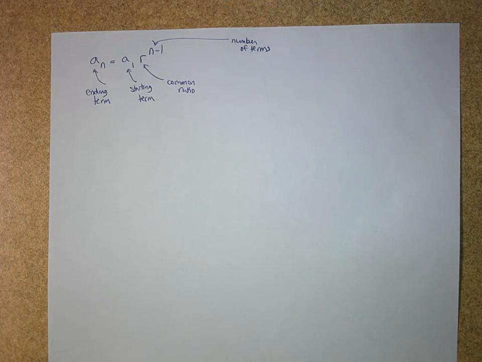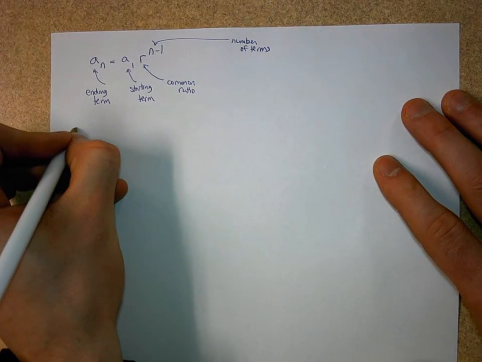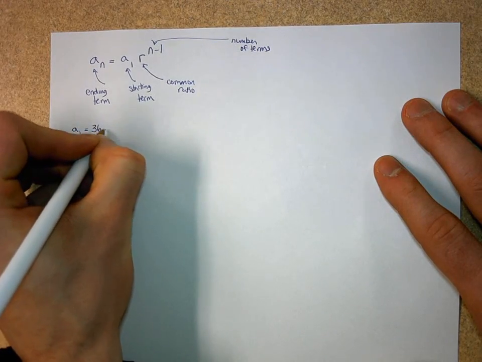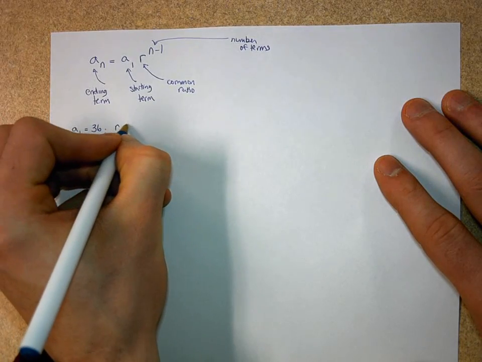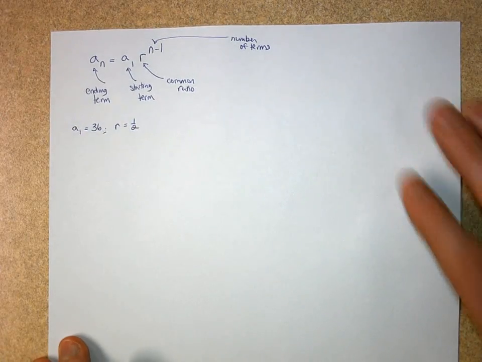Let's say, hypothetical situation, I give you that a sub 1 is equal to 36, and the ratio is going to be 1/2.